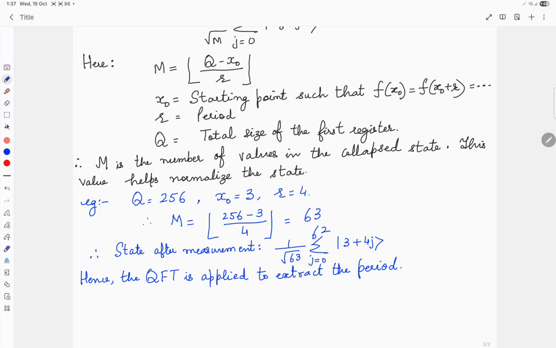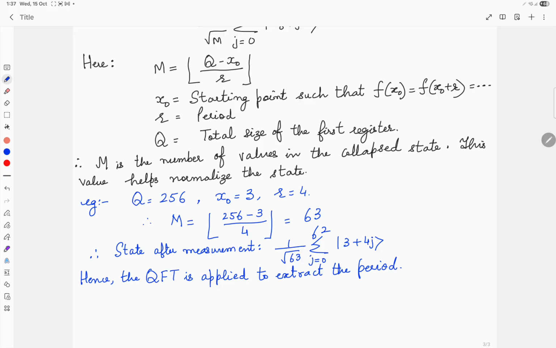Applying the QFT to this periodic superposition converts spacing in x into peaks in frequency. So this result gives you a value related to r, which is the period of this function, and from that you compute r using classical maths.